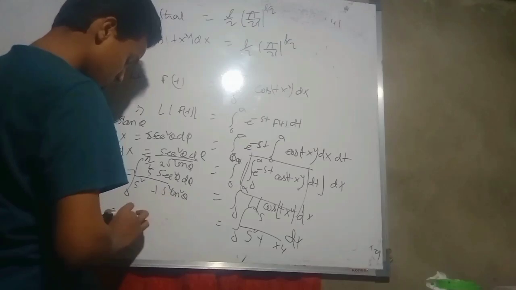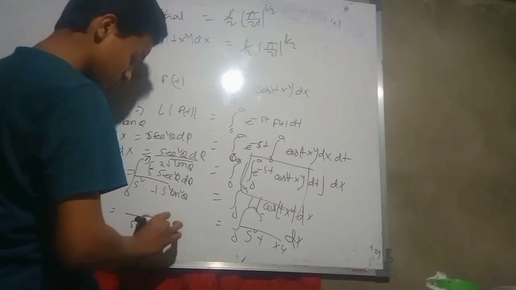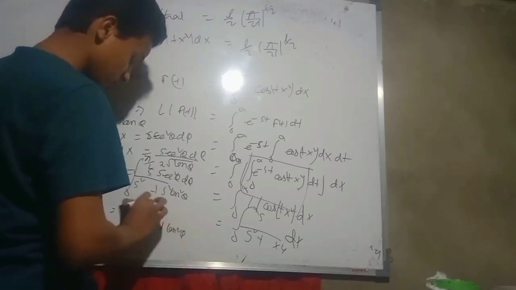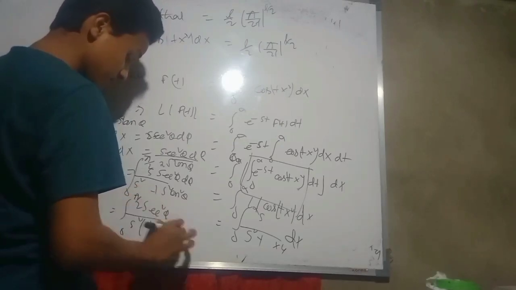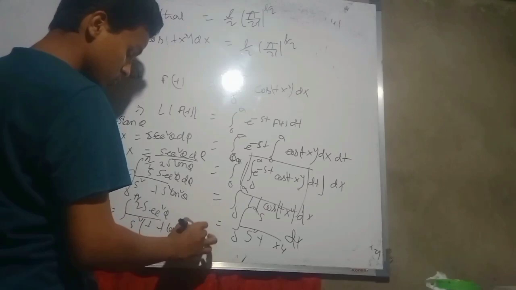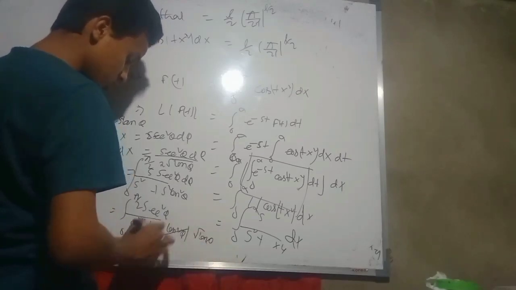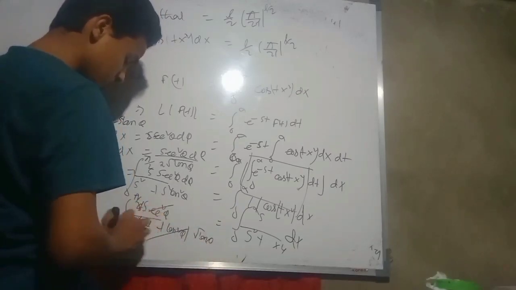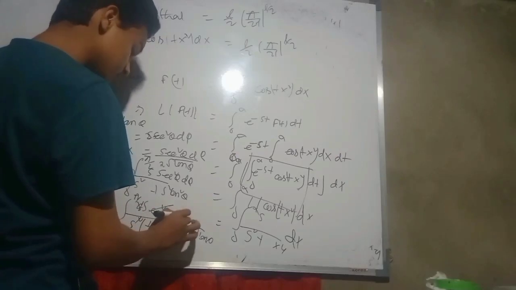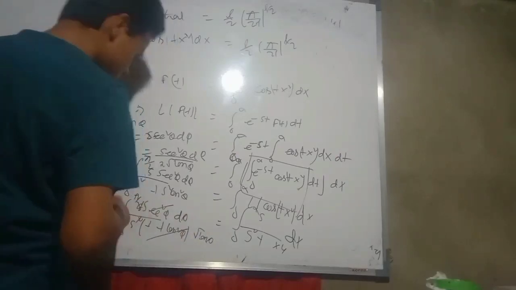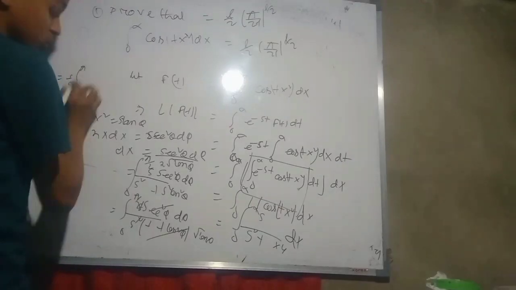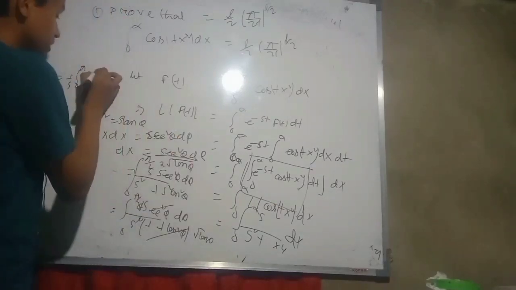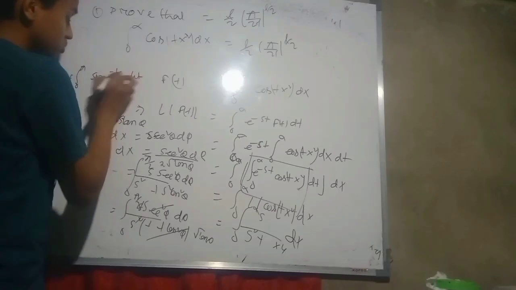Taking s square common, 1 plus tan square theta gives sec square theta, and the s terms cancel. Since s acts as a constant, the integral goes from 0 to pi by 2, and under root tan theta we can write sin theta to the power 1 by 2, cos theta to the power minus 1 by 2, d theta.